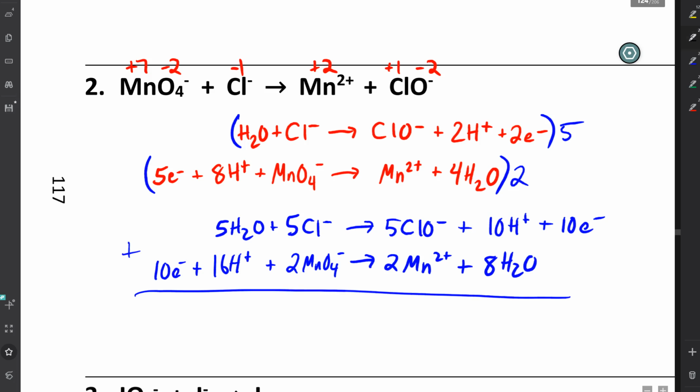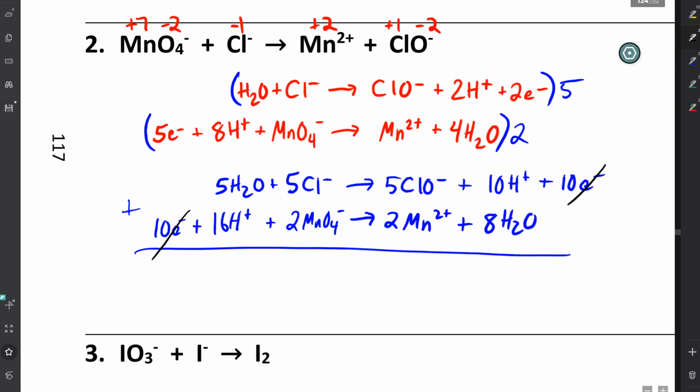Add them together, we can start to cancel or partially cancel things out. 10 electrons on the reactants, 10 electrons on the products, those will cancel. H pluses, I've got 16 on the reactants, 10 on the products, get rid of all of them on the products, and I can turn that into a 6 on the reactant side. Water molecules, kind of a similar deal. We can get rid of all the waters on the reactant side. I had 5 of them.